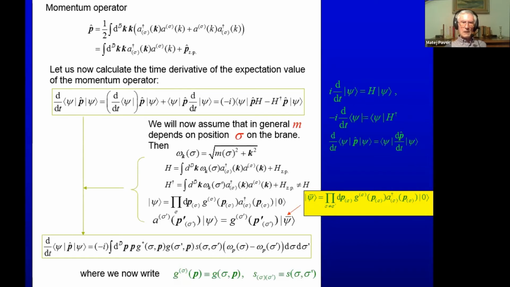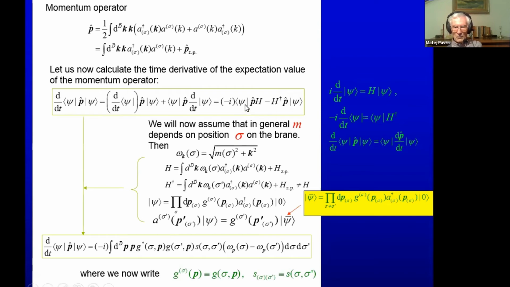So let us now calculate the time derivative of the expectation value of the momentum operator. So this is the expectation value. This is the state. And the expectation value gives you these things here.